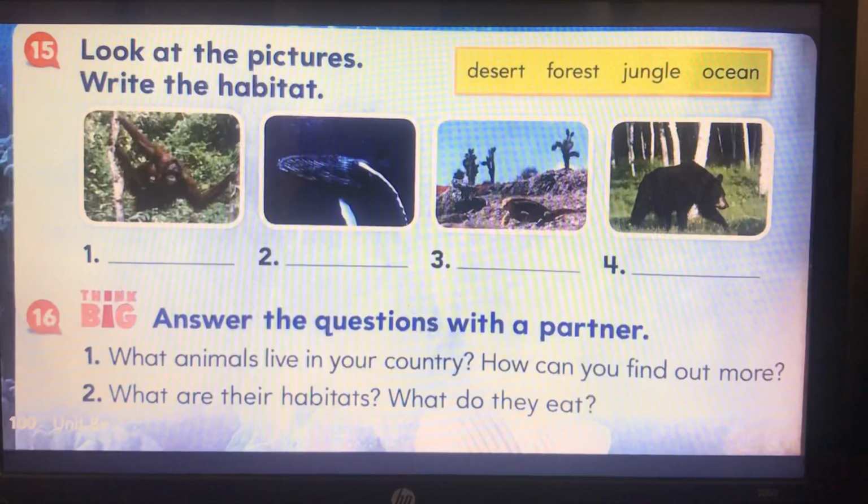What animals live in your country? How can you find out more? So, tell me guys, what animals live in your country? I'll give you a couple of seconds to answer this. Nice job!